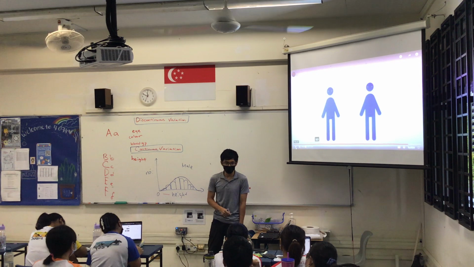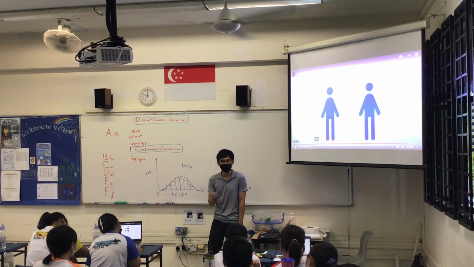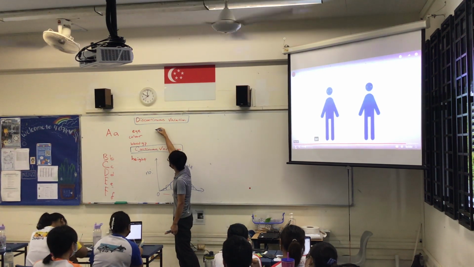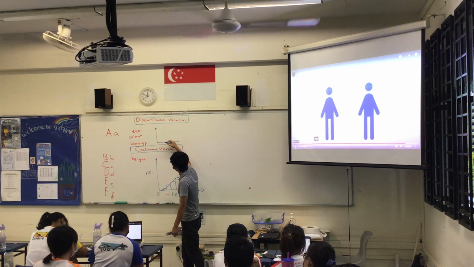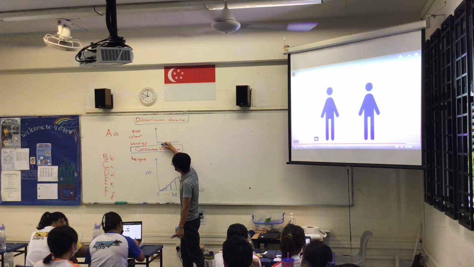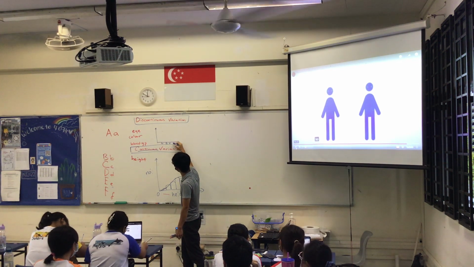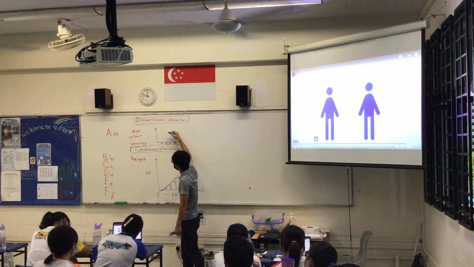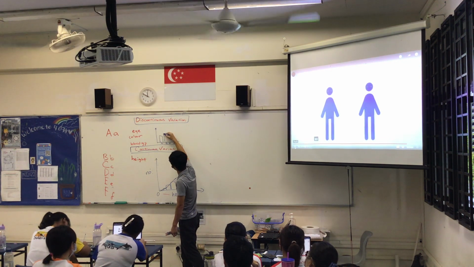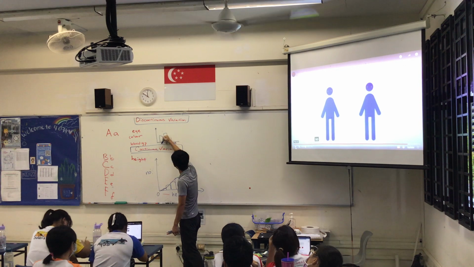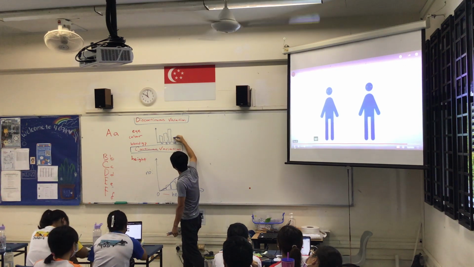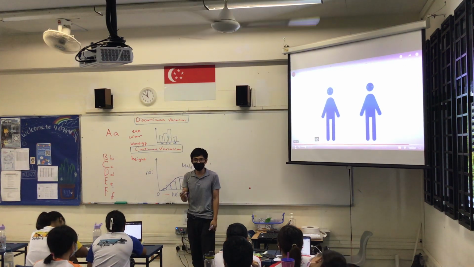Yet some forms of variation are very clear-cut. For example, eye colour, or blood group, you are either A, B, O, or AB. Yes, within a population there may be different numbers, but O is the most. But what you find is that it's very clear cut.